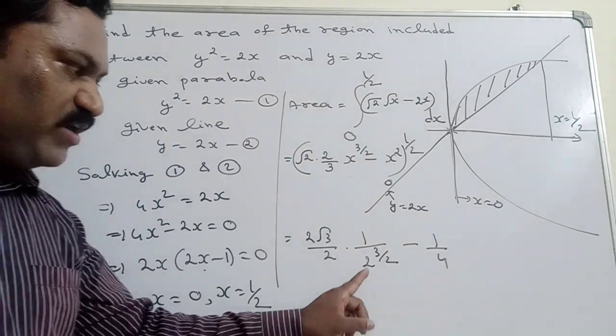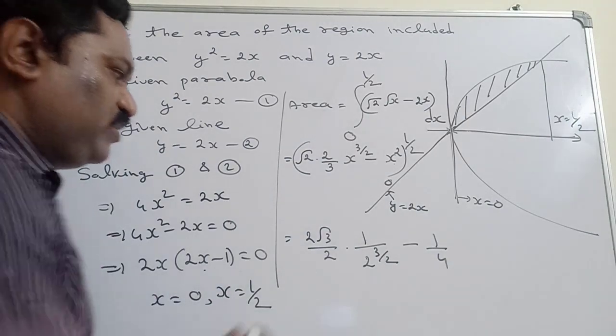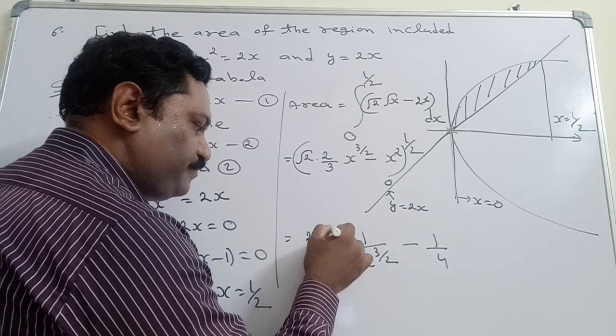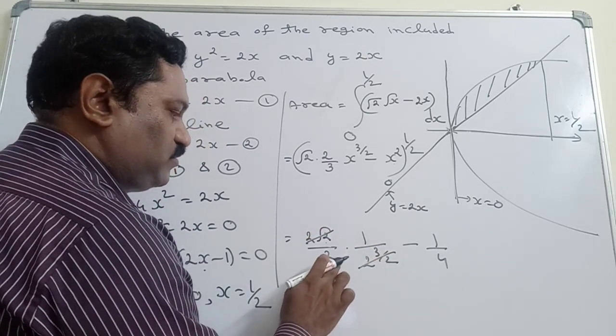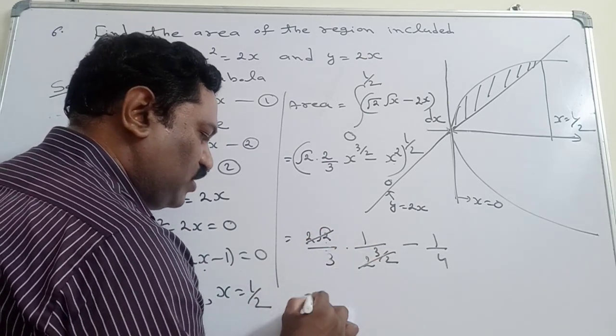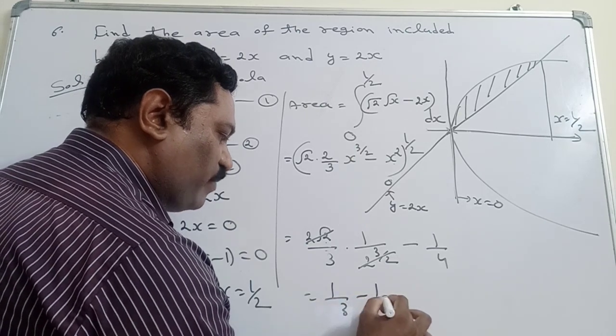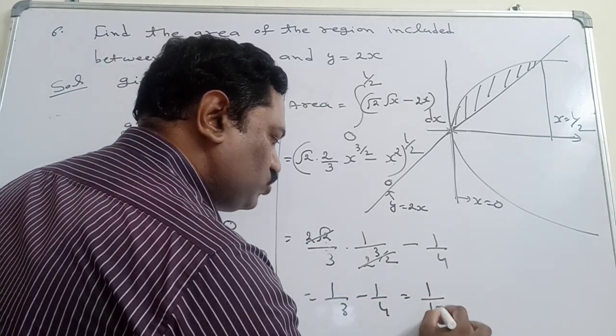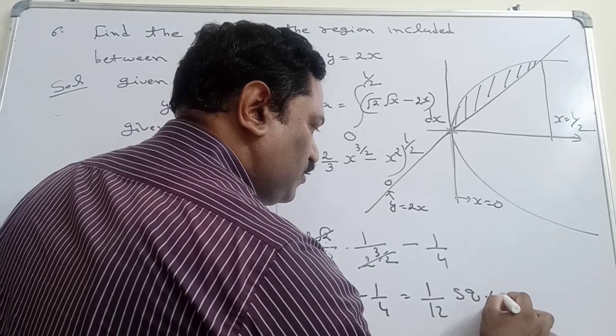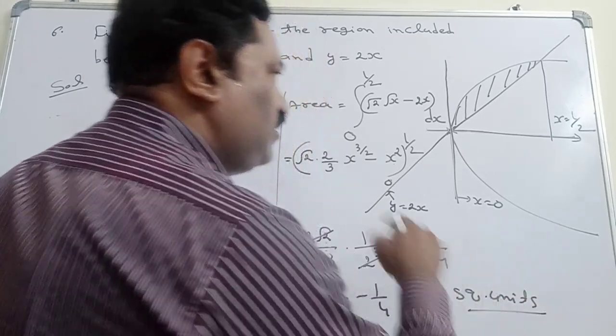Now 2 power 3 by 2 is 2 root 2, where this 2 root 2 gets cancelled. So it is 1 by 3 minus 1 by 4, that is equal to 1 by 12 square units. So this is the area bounded between the two curves.